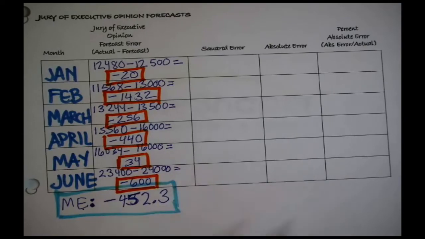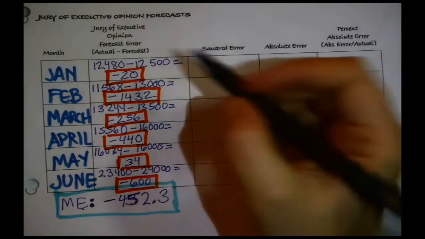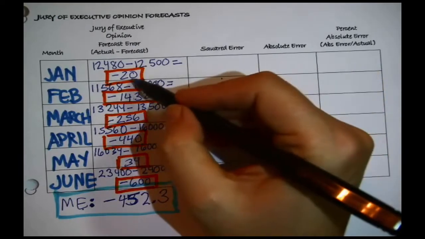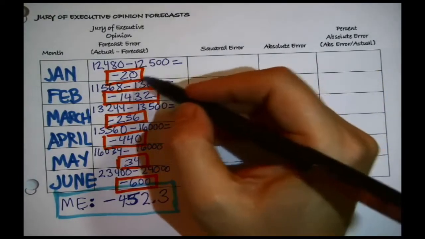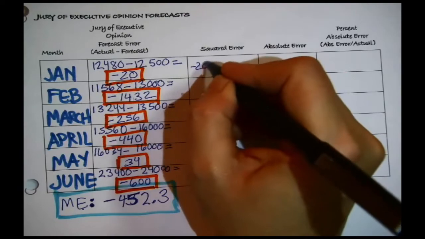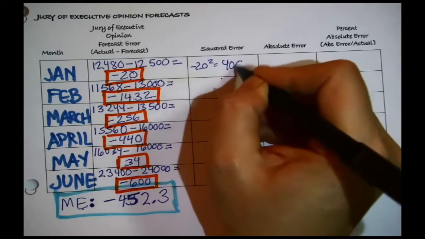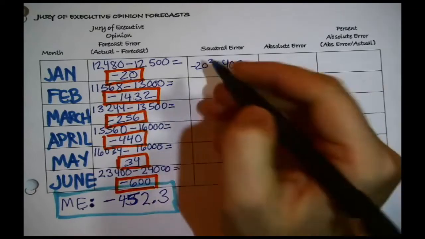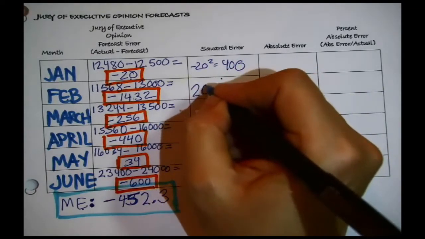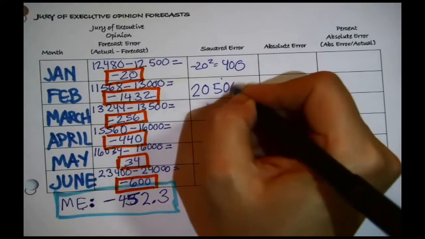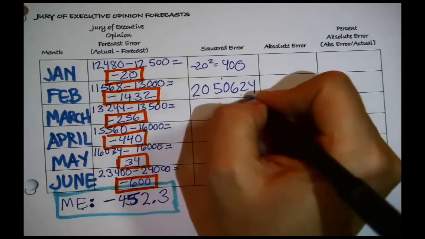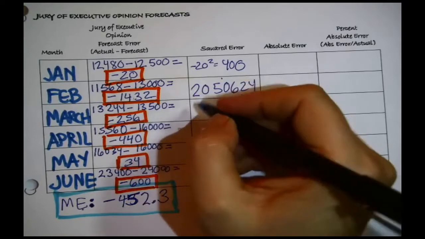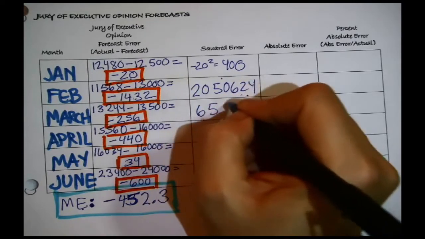Continuing on, let's find the mean squared error. We take each one of these and we square them. So negative 20 squared is 400. And then negative 1,432 squared is 2,050,624. It just explodes into a really big number. Negative 256 squared, I get 65,536.